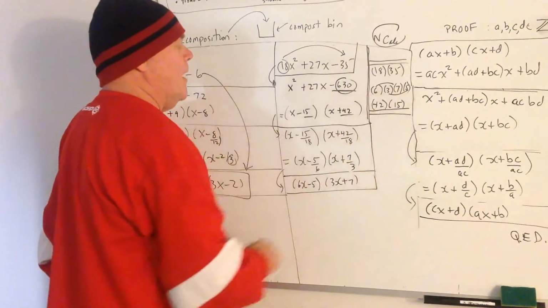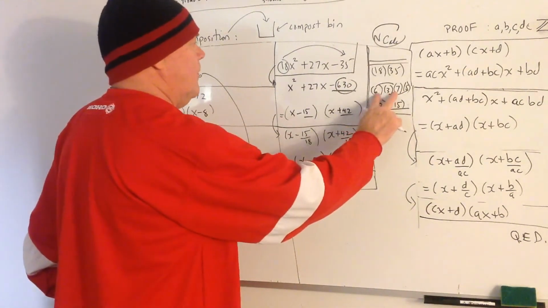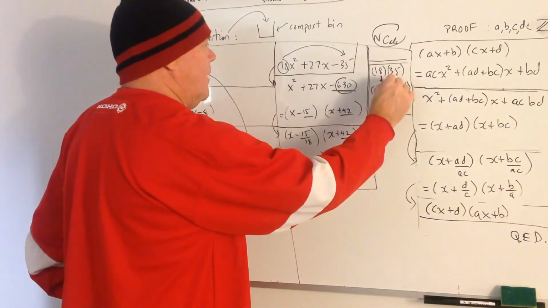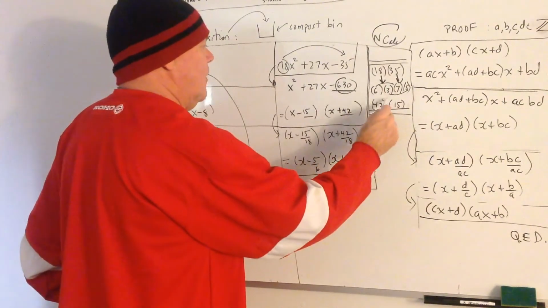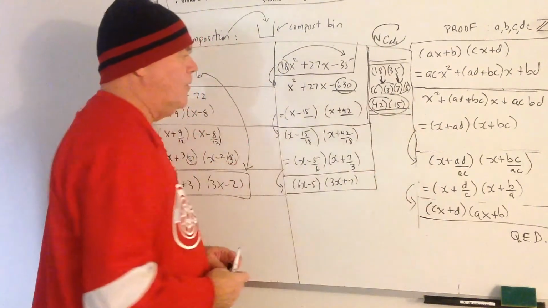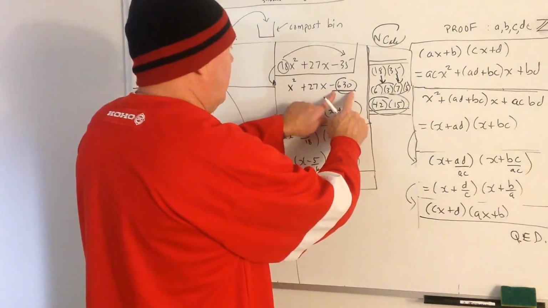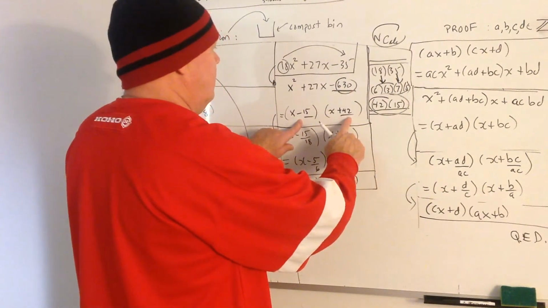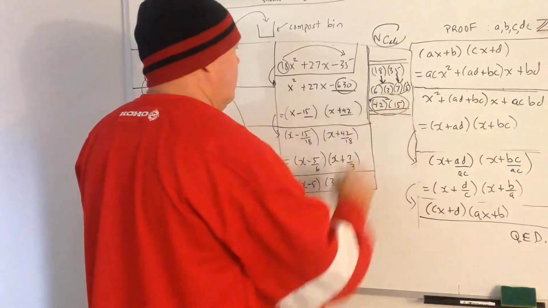Just fool around with the factors until you can see what pair, like say 6 times 7, as we break the 18 to 6 times 3, 35 to 7 times 5, fool around with the factors and see which combination gives us 42 and 15, i.e. what multiplies to negative 630 and adds to positive 27. So we can see it's going to be a plus and a minus.